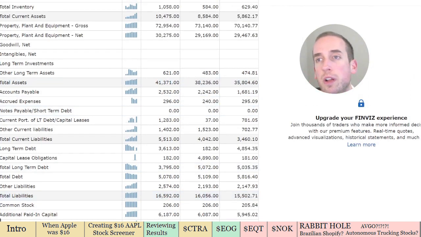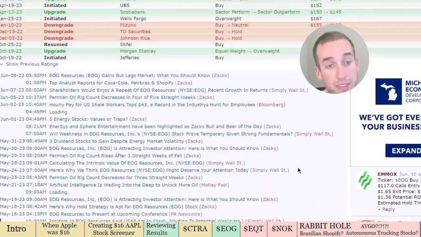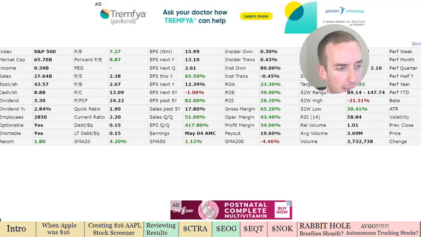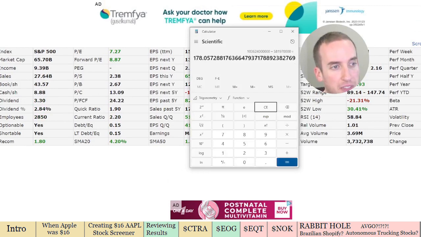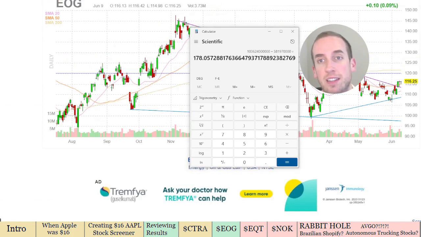Total assets, 41.7 or 41.3 billion. So that is a 2.5x ratio of assets dwarfing liabilities. That's good. And let's take this divided by 581,970,000. That's a share price of $178, and it is currently at 116.